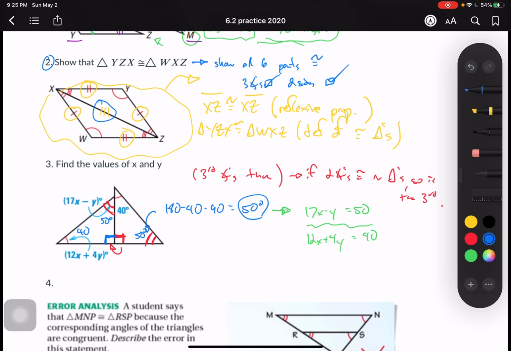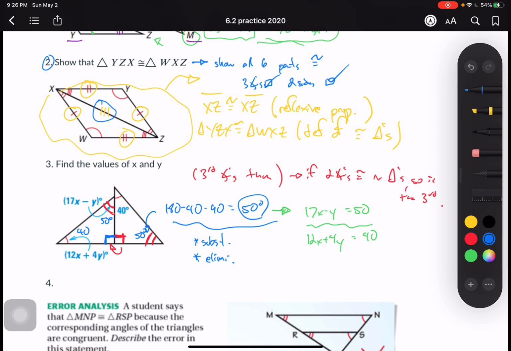So if you recall way back when in Algebra 1, there were a couple of different ways of solving two variables, two equations, right? You could use substitution, which is what I usually like, or you can use elimination, which will work.